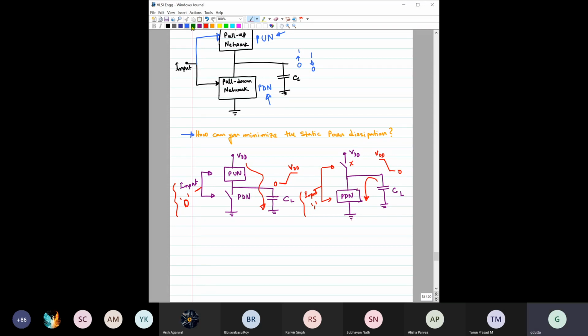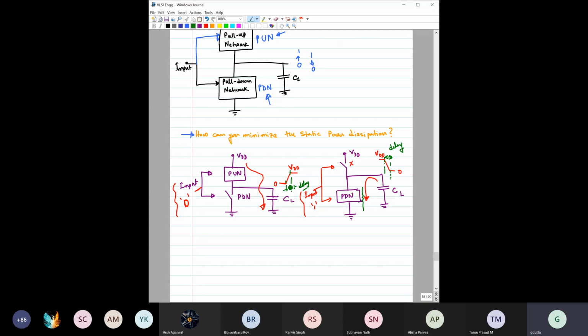Here, one thing you should notice is that during this discharge there is a finite time delay from VDD to this, because this is a capacitor discharging through the pull down network. So you can consider an equivalent resistance, and an RC time delay would be there. Similarly, when it is rising from here to here, there is also a delay.